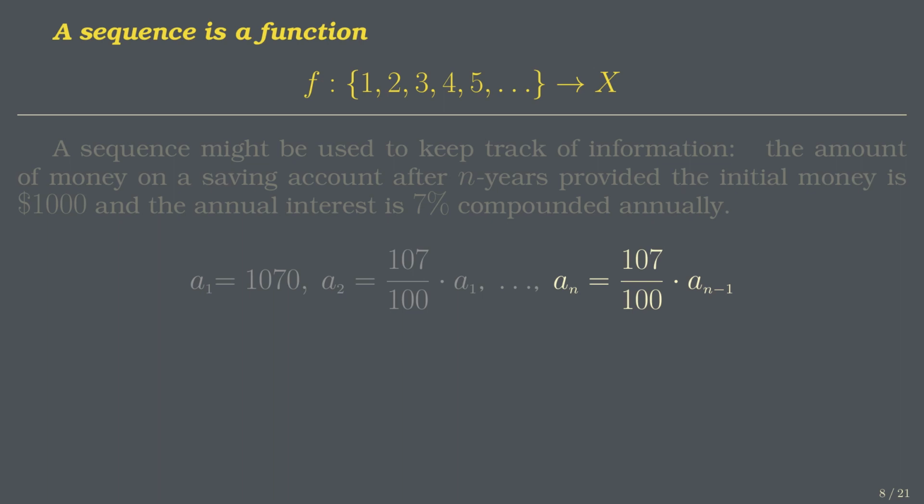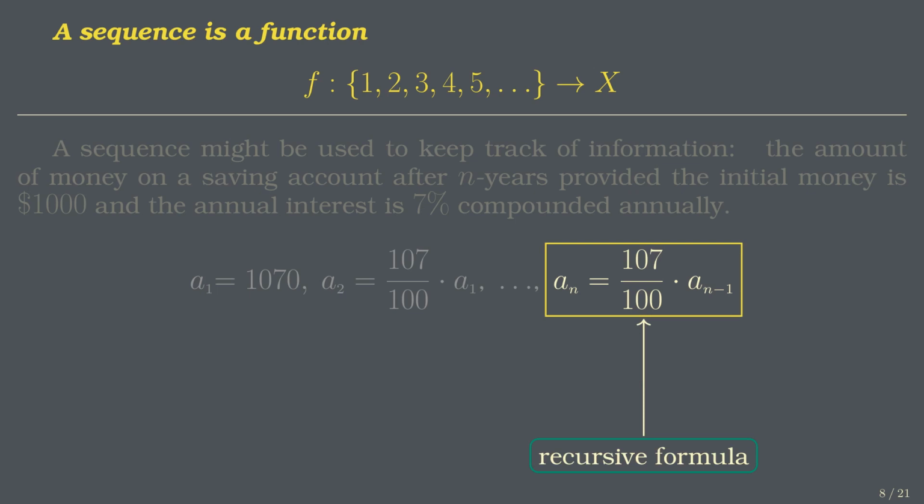So this is actually the way to give a sequence using a recursive formula, meaning that first you need to define some initial terms, and then after that a general term might be given using the terms preceding it.